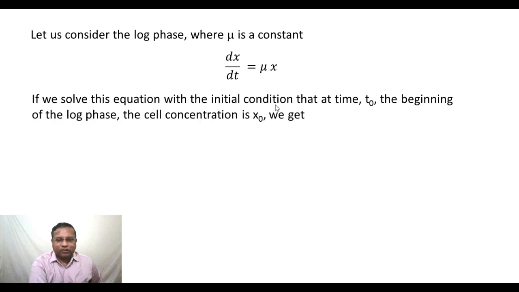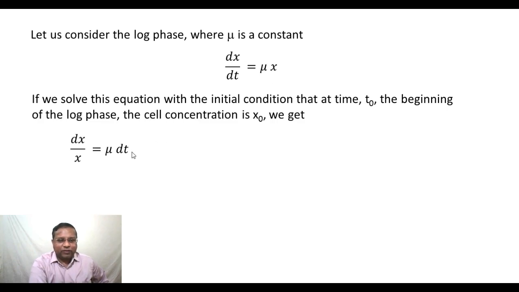So the initial condition is as follows: at time t equals t0, which is the beginning of the log phase, not the beginning of the batch, the cell concentration is x0. x0 may not be very different from the concentration at the start of the batch, but sometimes there might be a small difference. So you need to have clarity on what x0 actually is, because this model where mu is a constant is applicable only to the log phase, not any other phase.